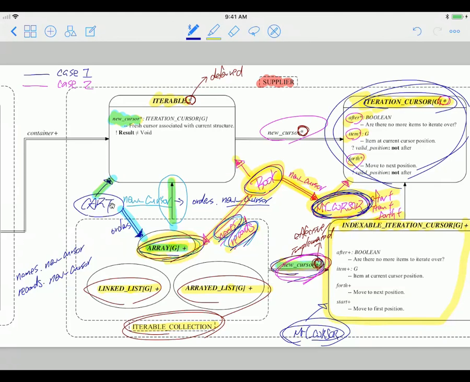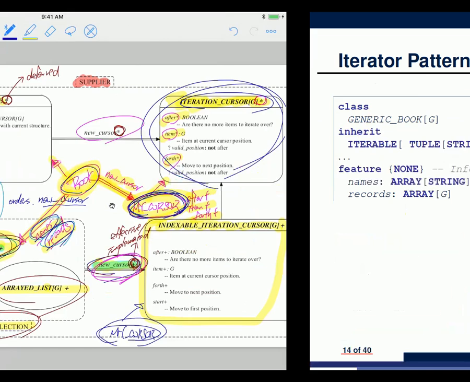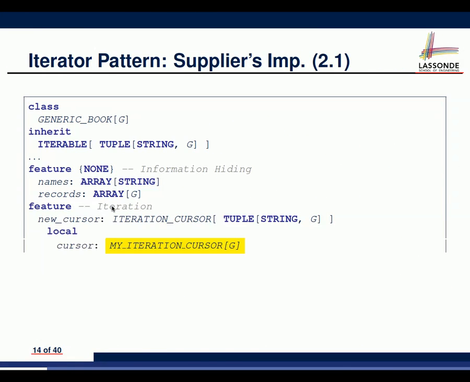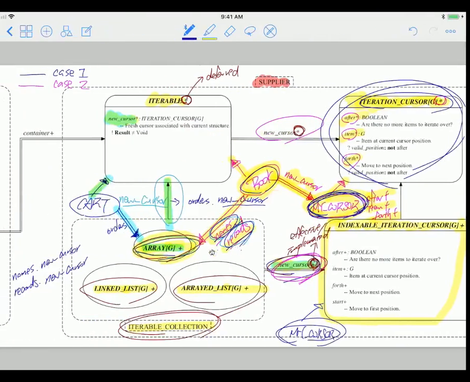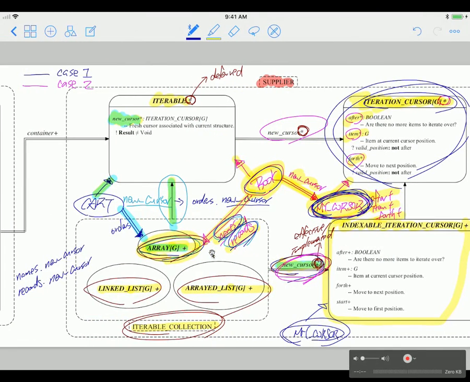Before I show you some runtime diagram, I'd like to just remind you over here. First of all, you can see new cursor over here. It returns any type that can be a subclass of iteration cursor. And I'll talk about the tuple in just a moment. And then the actual type is my iteration cursor, which is exactly the class we just created, the descendant class, basically myCursor over here.